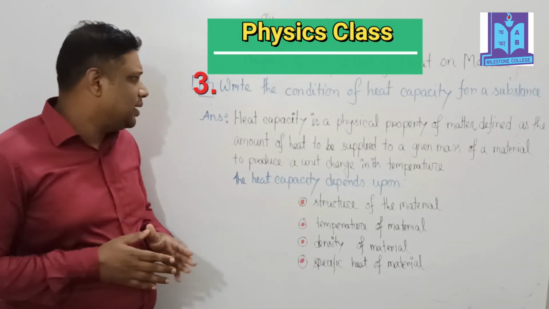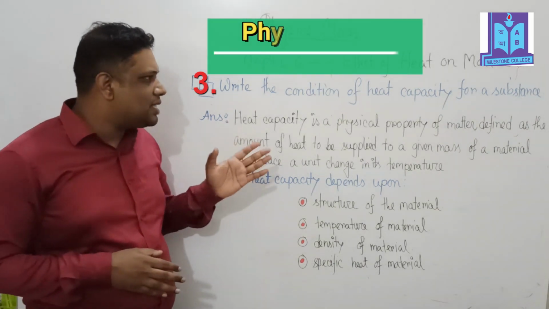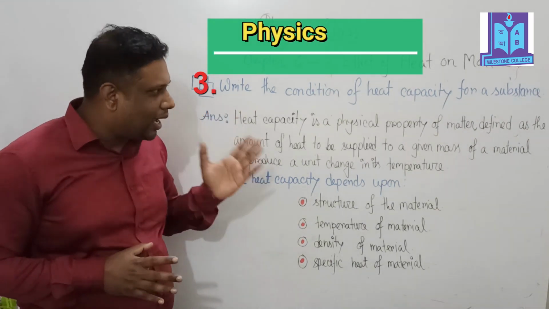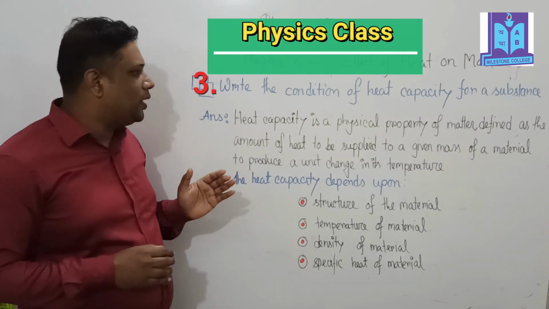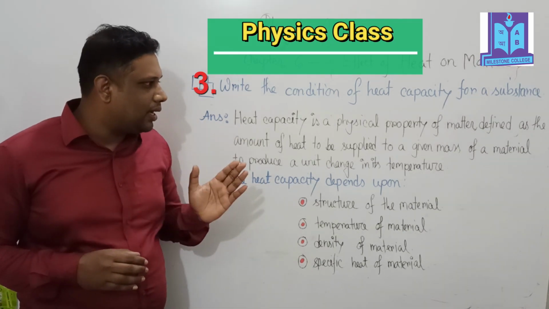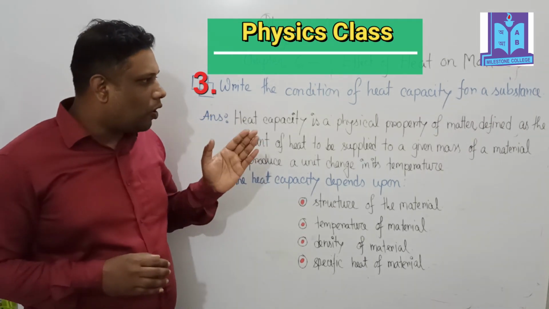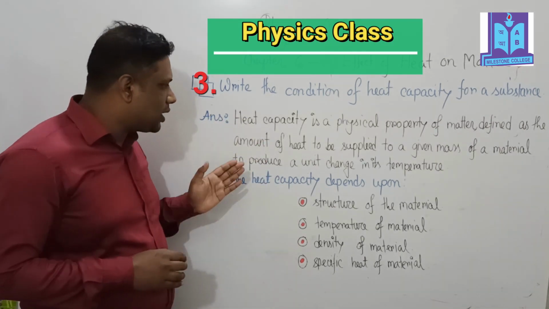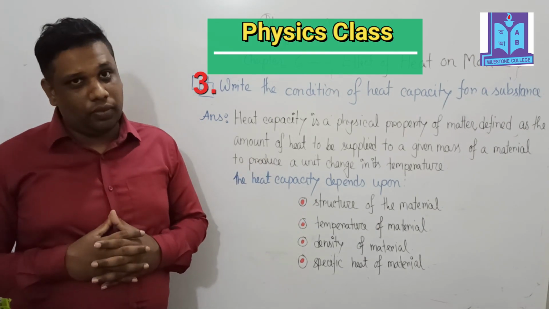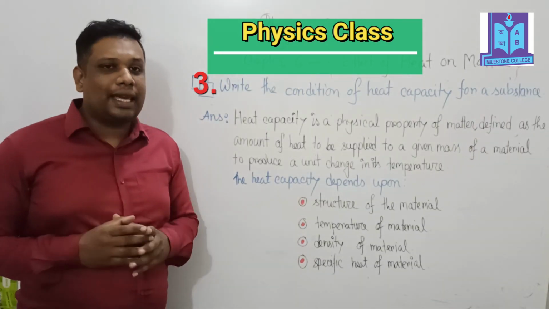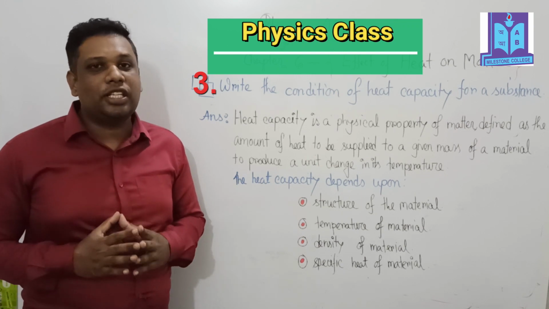Again I repeat, heat capacity is a physical property of matter defined as the amount of heat to be supplied to the given mass of a material to produce a unit change in its temperature. So it is the capacity to gain heat of a body.